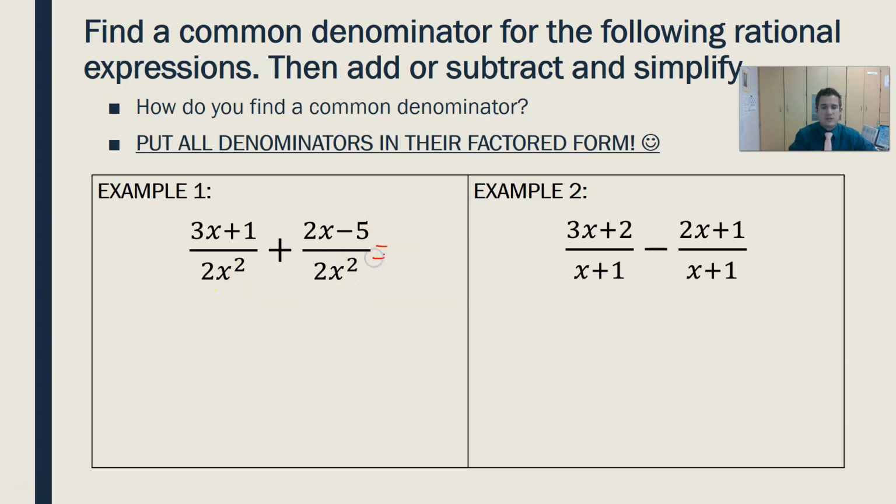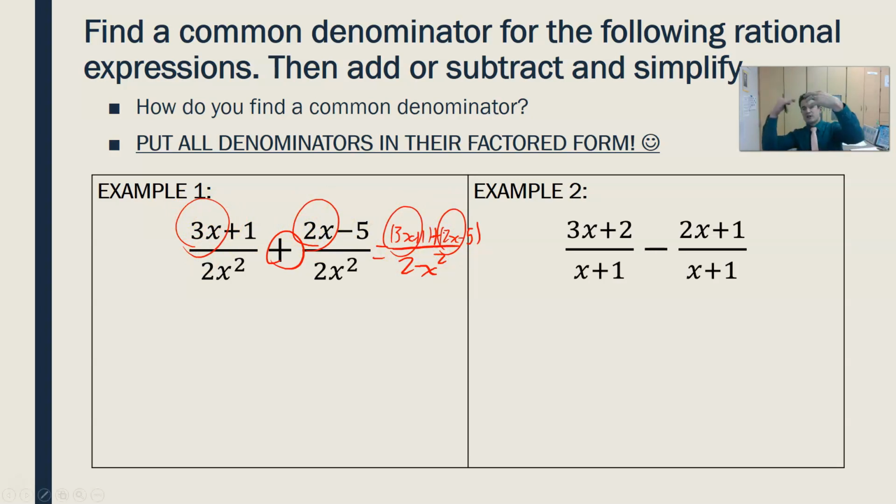When I have a common denominator, I leave the denominator the same, 2x squared. And then since I'm adding, I'm going to add the tops here. So I have 3x plus 1 plus 2x minus 5. So I can combine these like terms here.